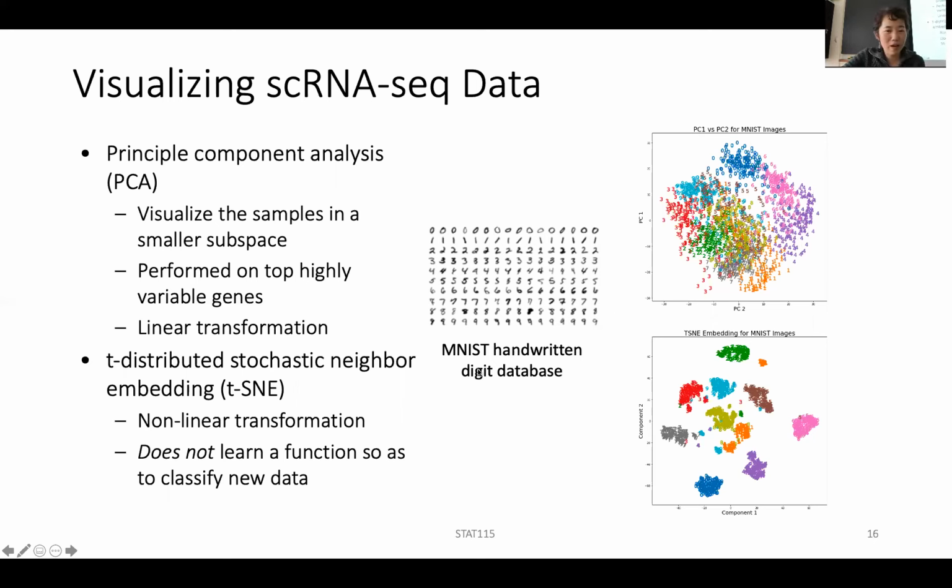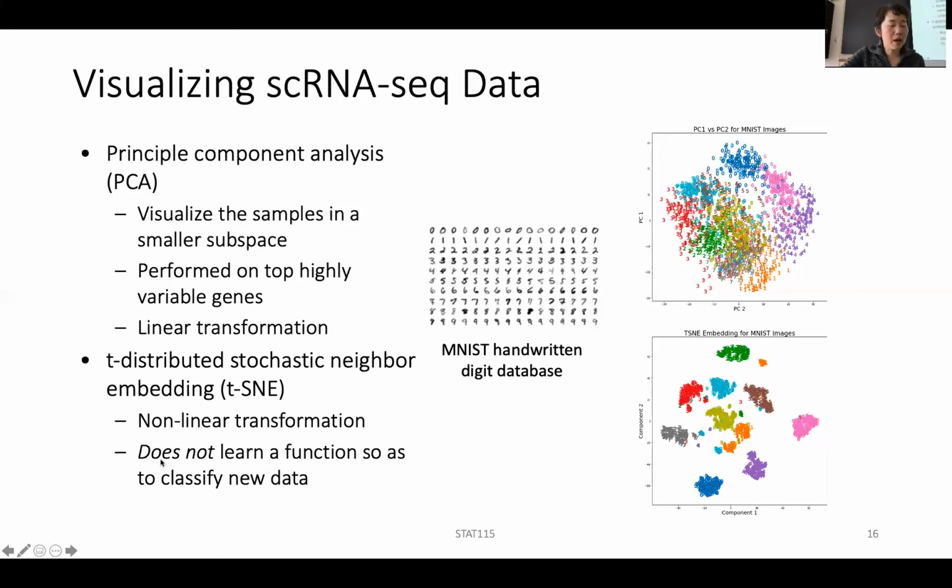Whereas if you use t-SNE to embed this and display it, you can see the numbers now separate much, much better. And so after this, people said, okay, this is something that we can use for single cell RNA-seq analysis.